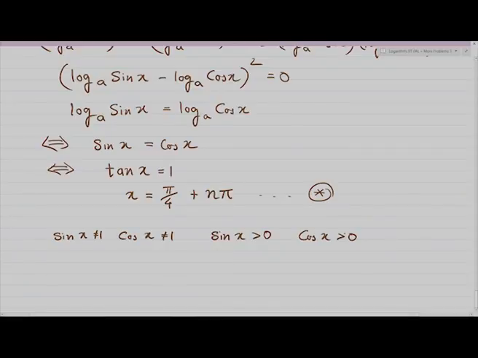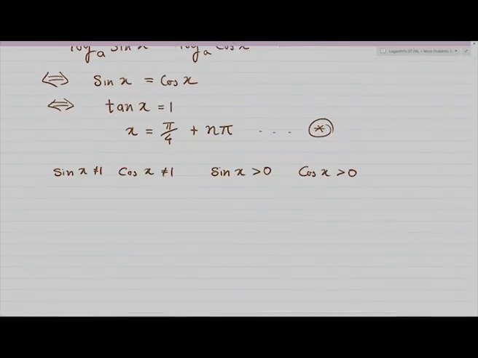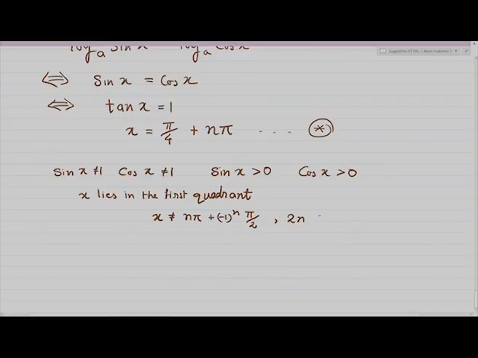So, again this forces me to say that my x should lie in the first quadrant, isn't it, and it cannot take any value of the form x not equal to n pi plus minus 1 raised to n pi by 4, pi by 2, and it cannot take any value which is of this form 2n pi.